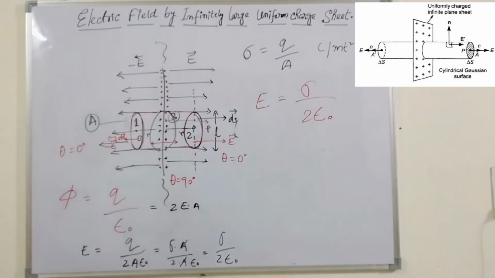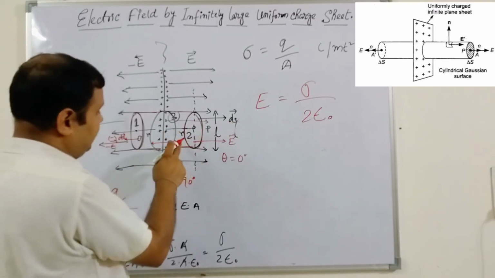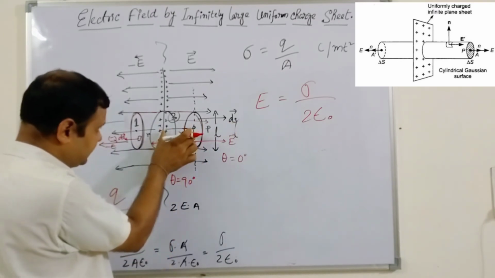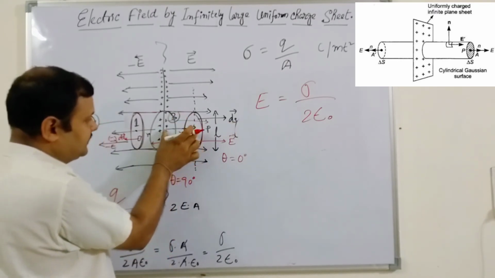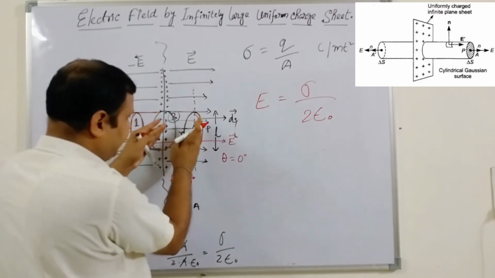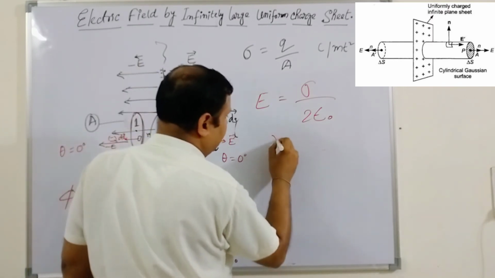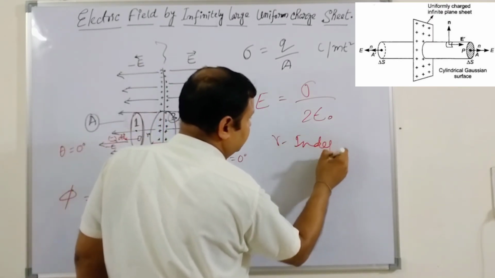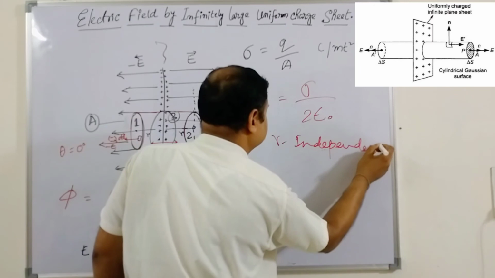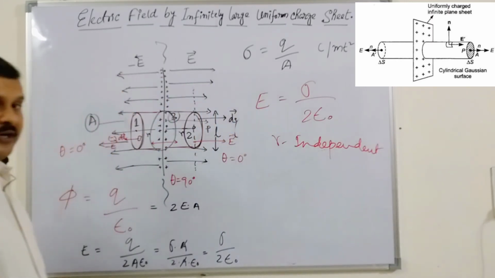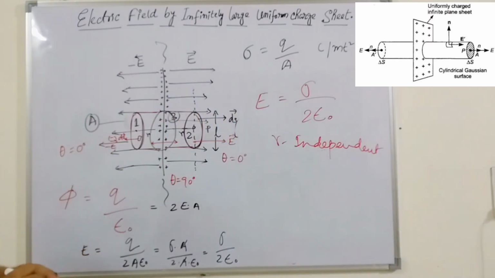Now you see, very wonderfully, this is independent of the distance r from the plate. It is distance independent. This is very important, and you can use it in the capacitor.